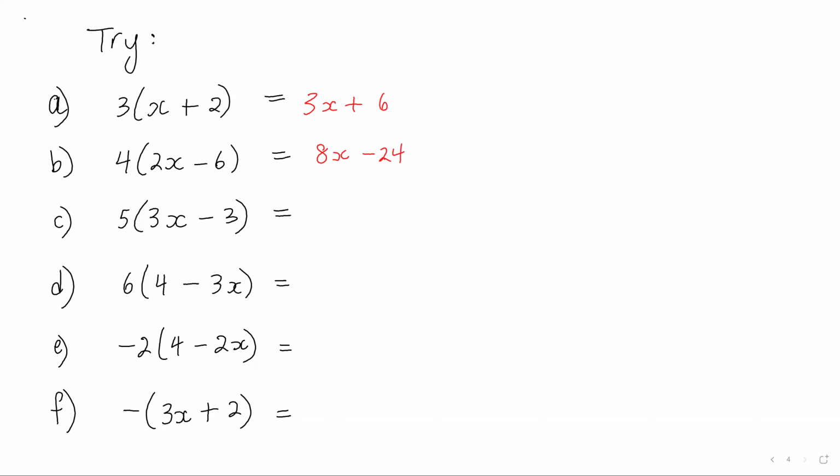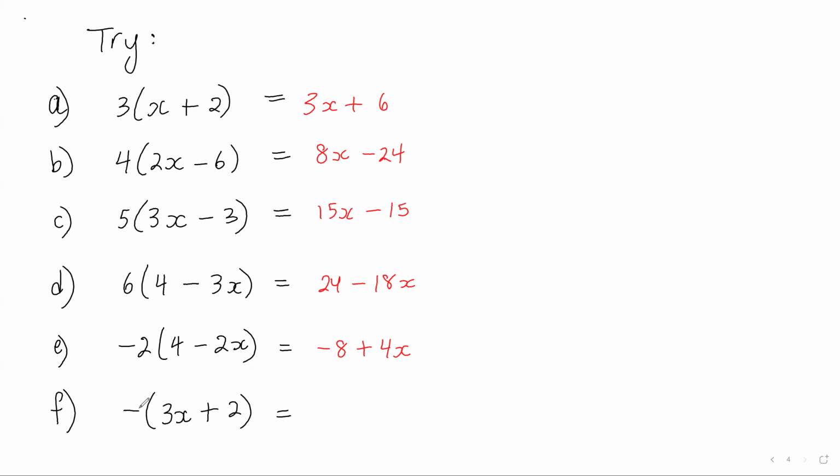Then 5 times 3x is 15x. And 5 times minus 3 would be minus 15. 6 times 4 is 24, and 6 times minus 3x will be minus 18x. Negative 2 times 4 will be negative 8, and negative 2 times negative 2x will be plus 4x.